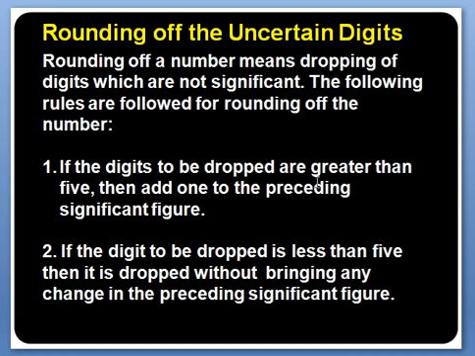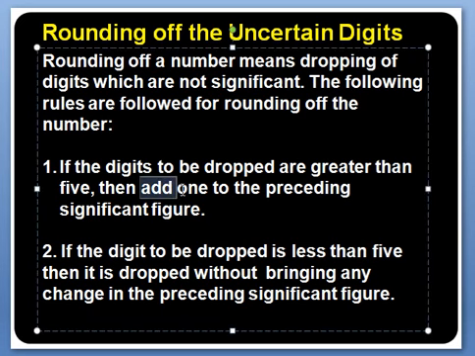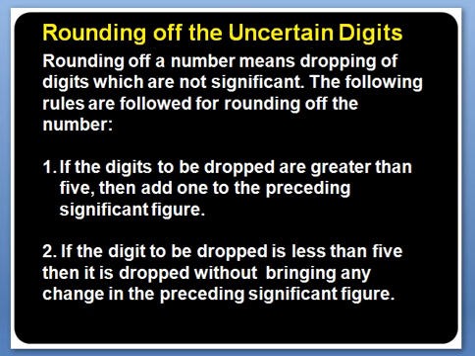If any digit's uncertain value is 5 or more than 5, then in its previous digit what will we do? We have to add 1. We have to add 1. Like for example, 2.67 can be written as 2.7 only, and in the same way 2.64 can only be written as 2.6, not 2.7.